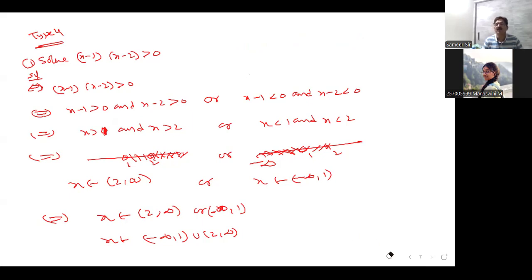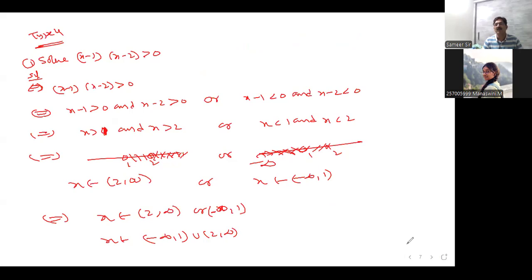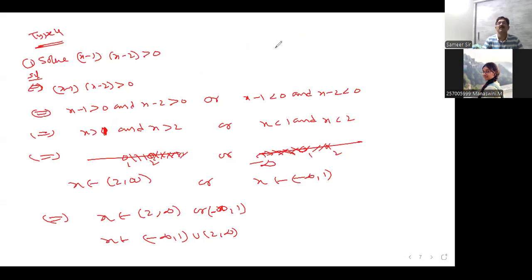Then what to do? Method 2 I'll always follow. The same question can be completed in this way, within 2 steps. Do one thing, you just plot.